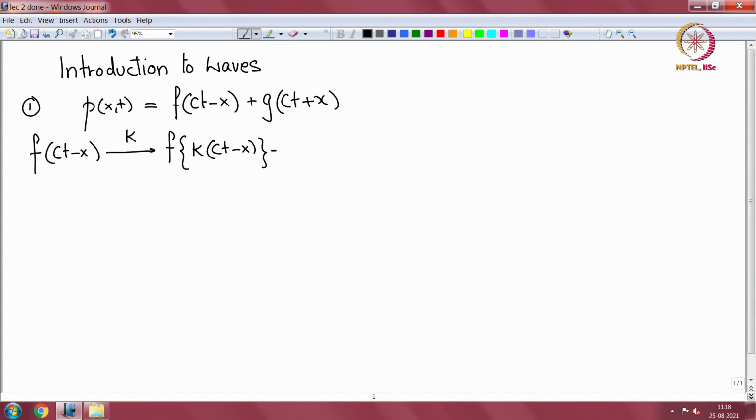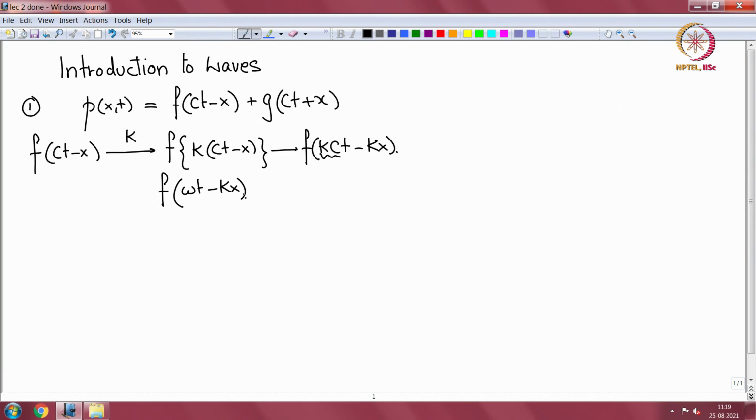Then what I have is f of k Ct minus kx. K is the wave number, and kc is omega. So I get f of omega t minus kx.